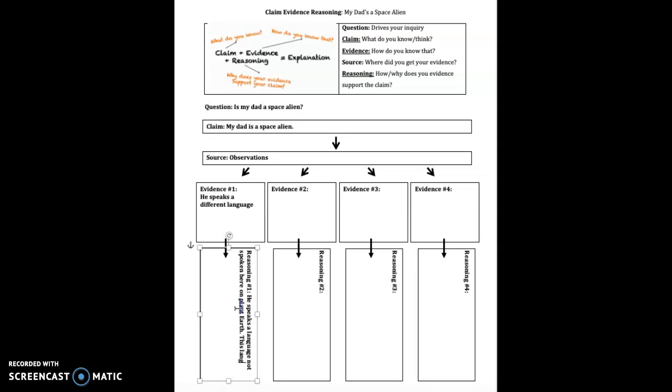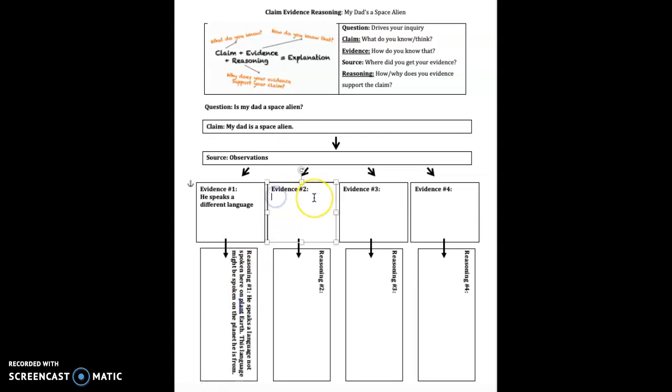This language might be spoken on the planet he is from. Okay. So our first piece of evidence is that he speaks a different language, and our reasoning as to why that means he's a space alien is that he speaks a language not spoken here on planet Earth. This language might be spoken on the planet he is from.